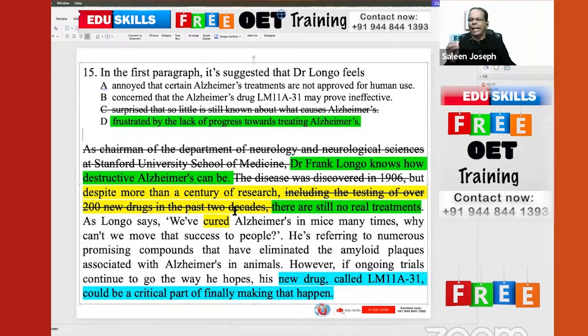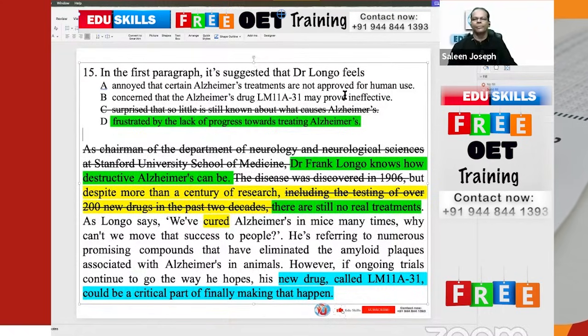They are called secondary explanations, explaining what is said in the previous part. Speaking about the research, what does it include? That's how you summarize the paragraph. That's why I'm telling you, if you are not competent, be patient and try these steps. Now, there are still no real treatments, no treatments at all.